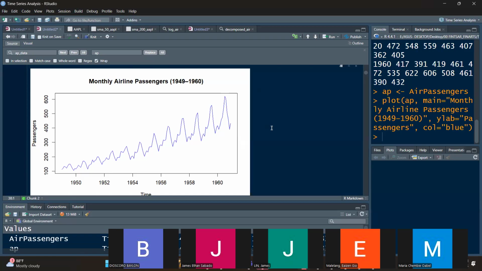Now we said that in time series analysis, there are methods that require that your time series be stationary. So we said that stationary has two dimensions, stationary in mean and stationary in variance. When we say stationary in mean, it means that the average, the mean, is constant.